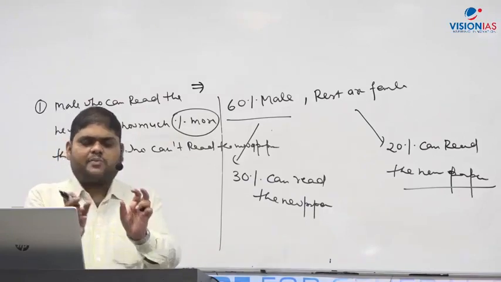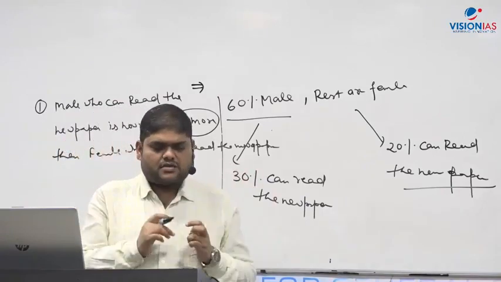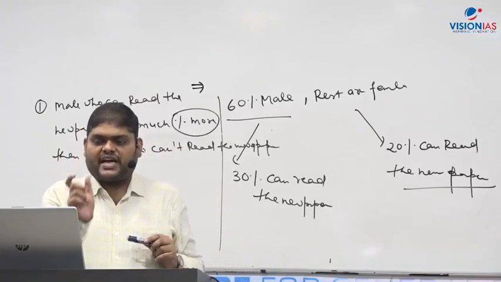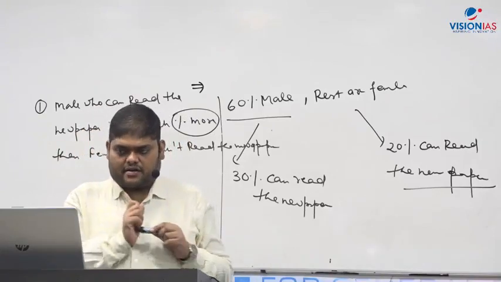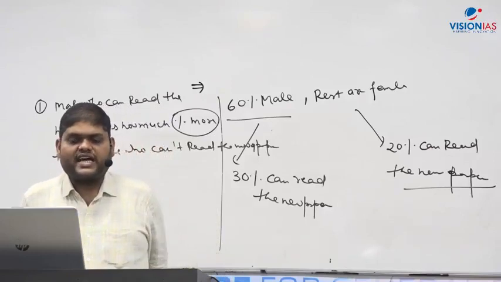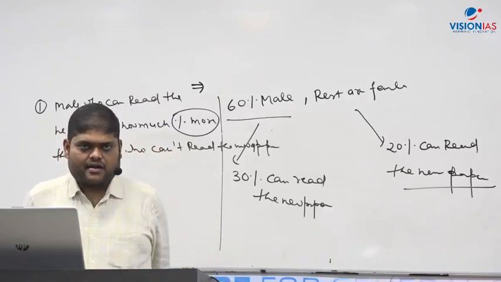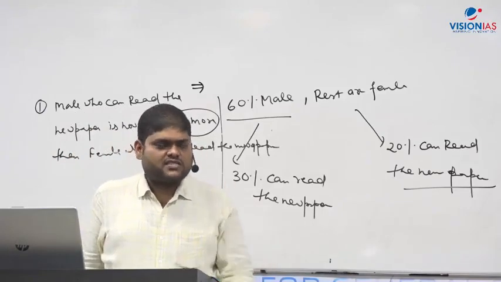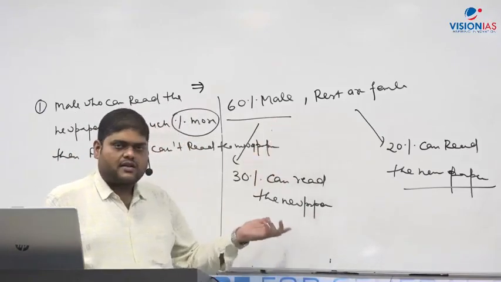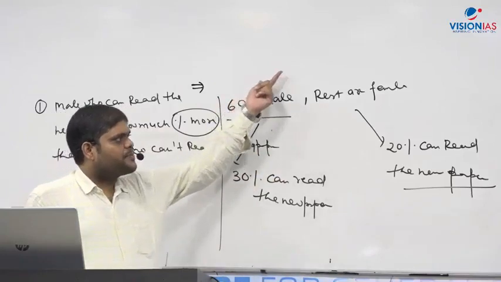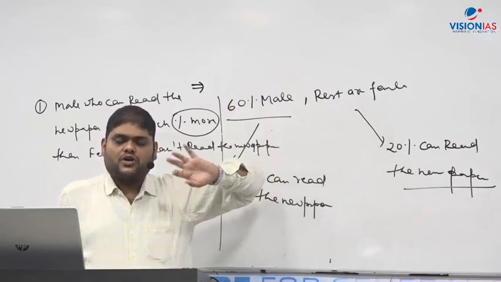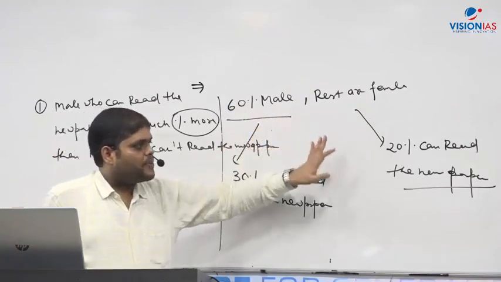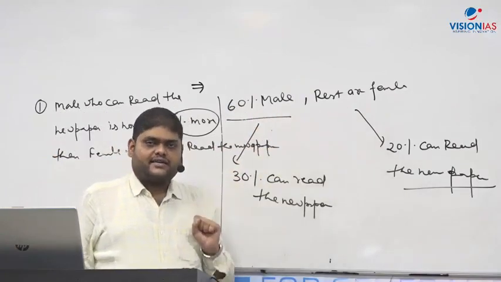Instead of taking total population equal to X, we will take total population equal to 100.